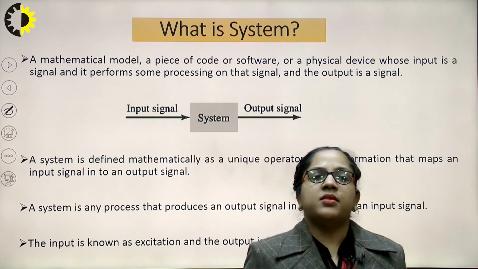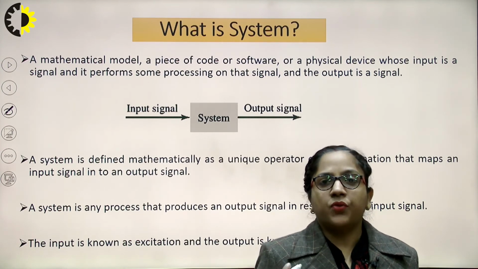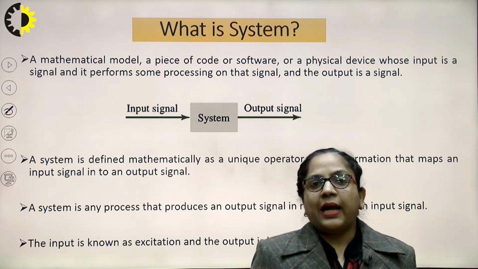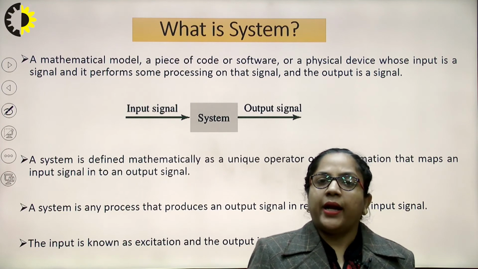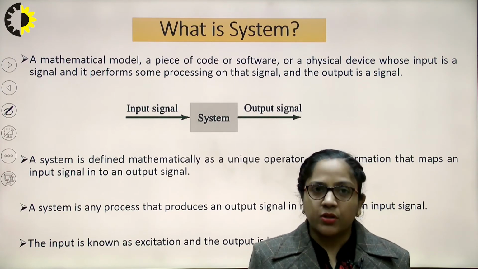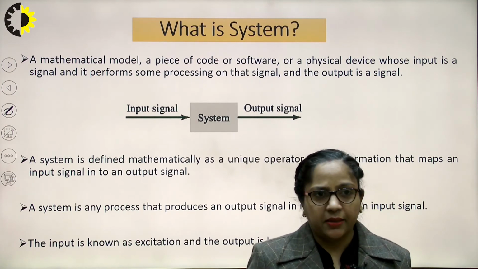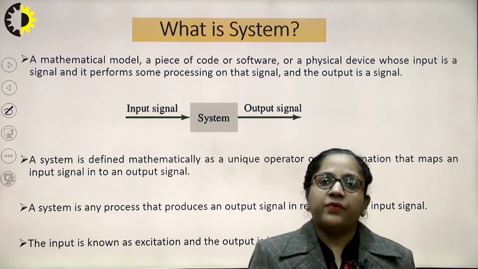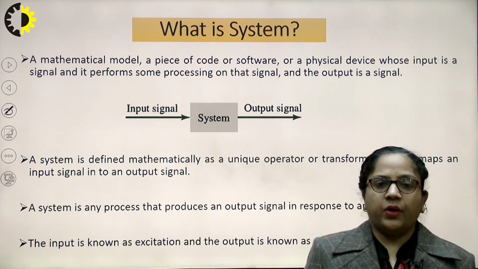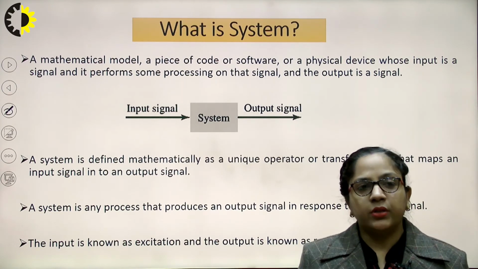We can define system also like a mathematical model. It can be a piece of code or software also, it can be a physical device at one end of which I will apply my input, my information, and it will do some kind of processing on that signal and will provide output signal. It can also be defined as a mathematical operator or transformation of the input signal into an output signal.